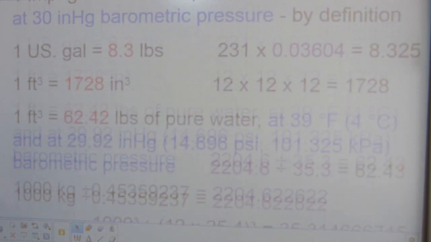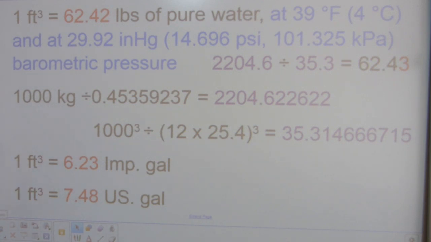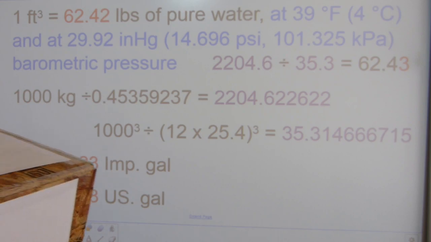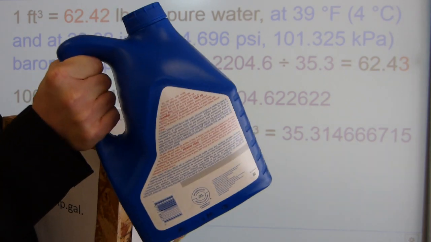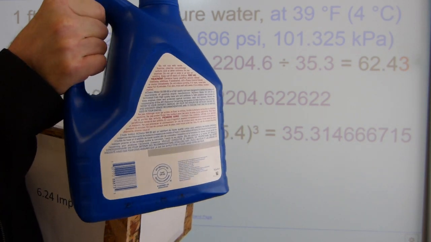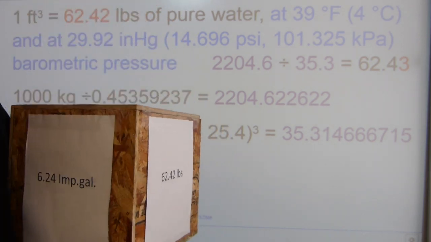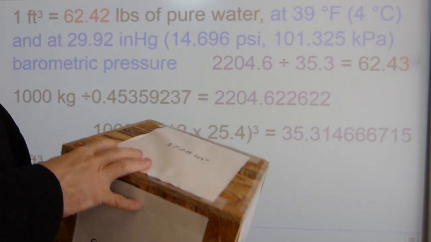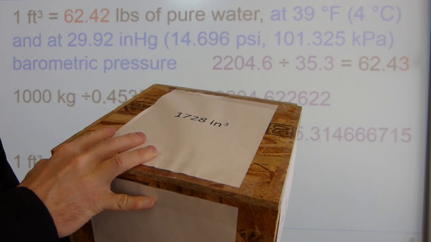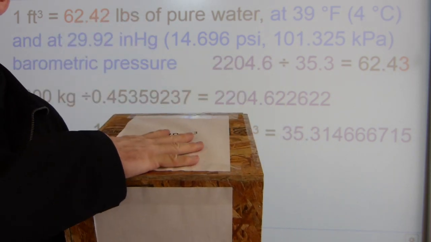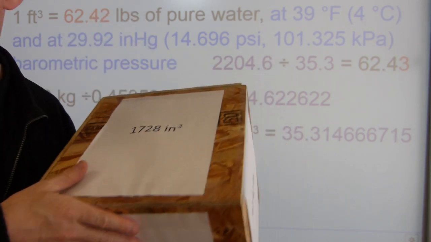Last two numbers are fairly easy. 1 cubic foot converted to imperial gallons and US gallons. This means that in terms of imperial gallons, which is the bigger one, 4.4 liters on the label, 4.5 liters actually, 6.23 of those ones fill and fit into one of these cubic feet.